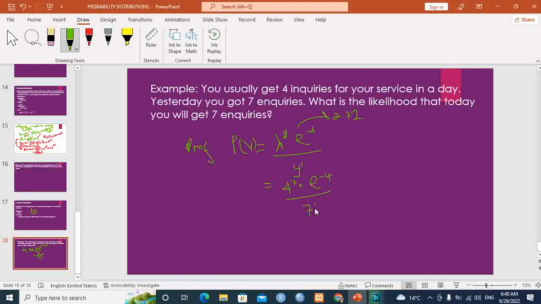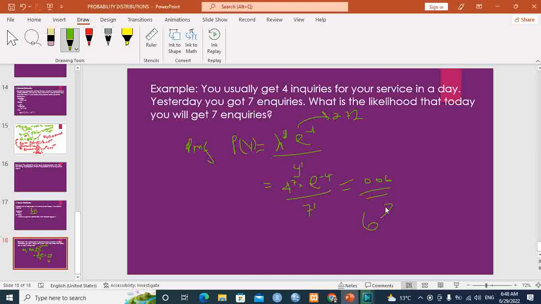If you do this, you will get a result of 0.06. So the probability that 7 people will come seeking your service today is 6%.